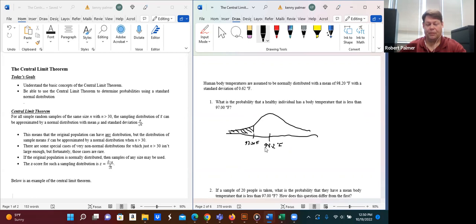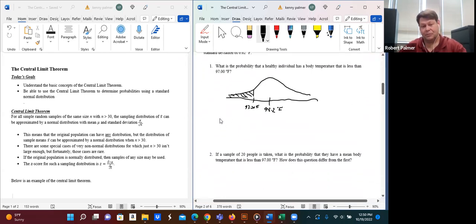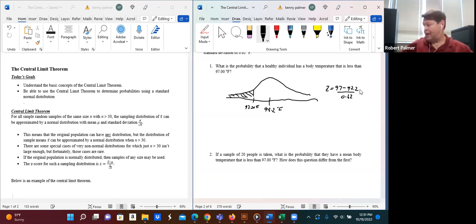Okay, now we know that we can convert that to a z distribution. And so our z is going to be 97 minus 98.2 divided by 0.62. And if we do that, and also approximate that to 2 decimal places, we'll see what we get.